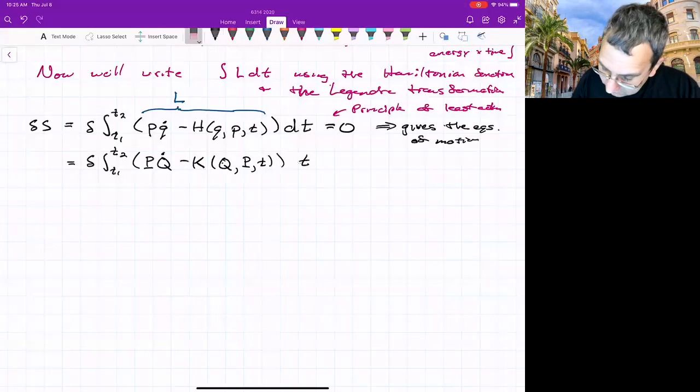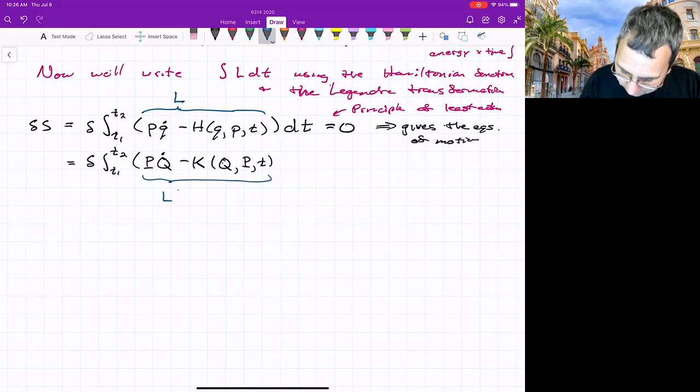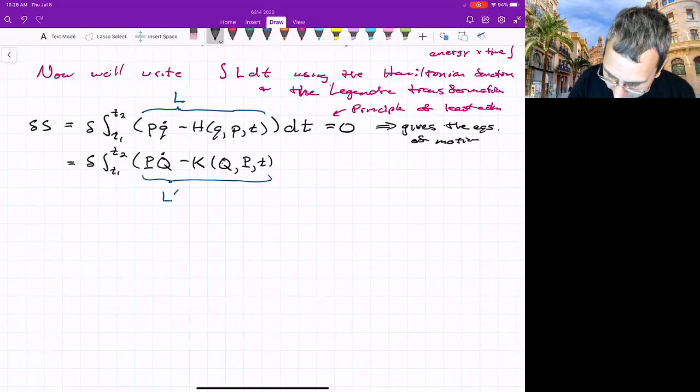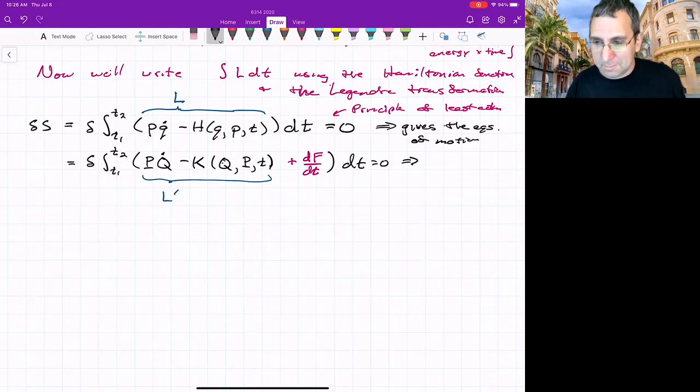Oh, and what else will we do? That's L, or think of it as L prime. We could also add on, because there's this ambiguity, a total derivative. So let me just add on a total derivative plus dF/dt. Setting that equal to 0 also gives the equations of motion, just maybe described in different coordinates.